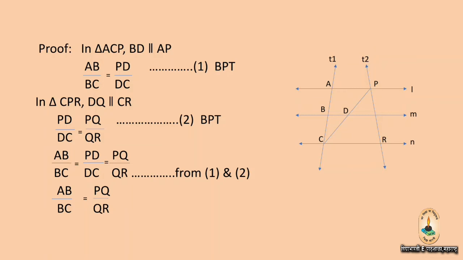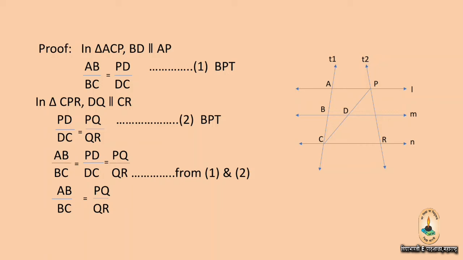Then observe the triangle CPR. In this triangle, segment DQ is parallel to segment CR, and therefore by the basic proportionality theorem we have PD upon DC equal to PQ upon QR. Number this as 2. Observe equations 1 and 2.